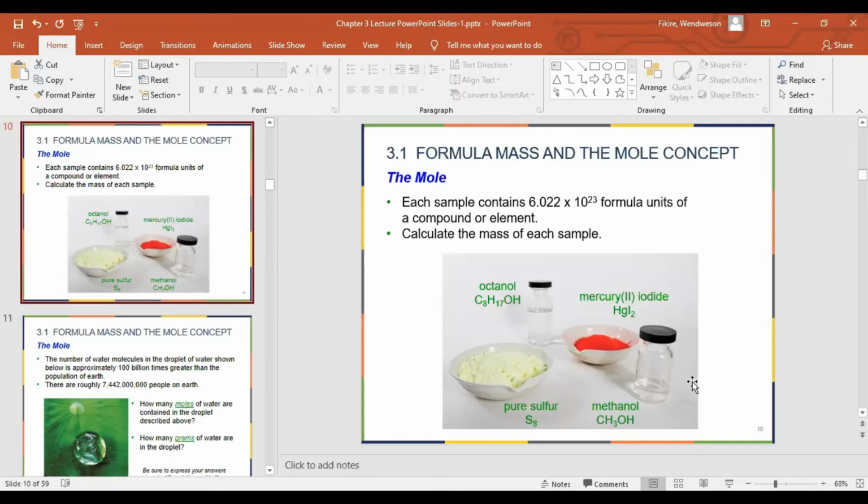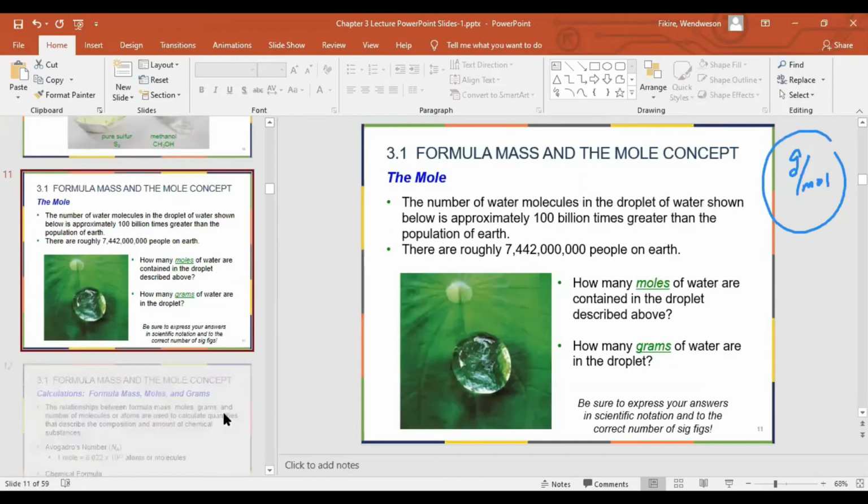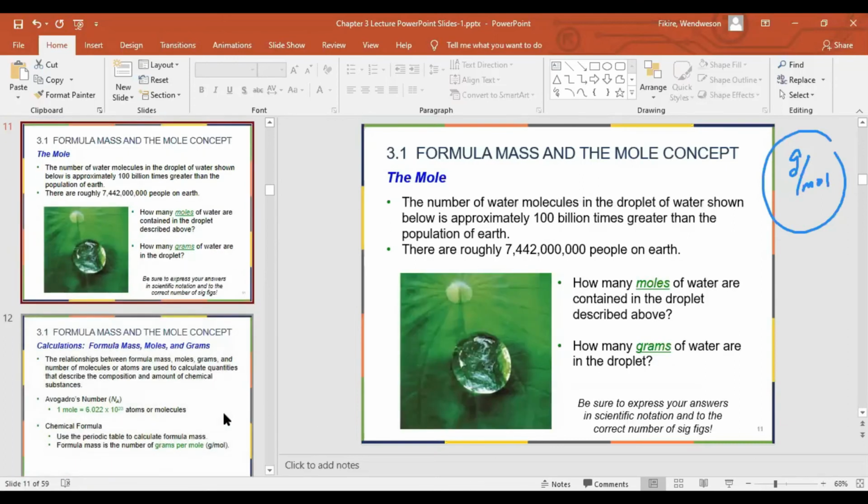And then you are able to calculate their molar mass. The only thing, when you do the molar mass, remember that it has to be expressed in gram per mole. That's important, gram per mole. That's more practical, gram per mole.